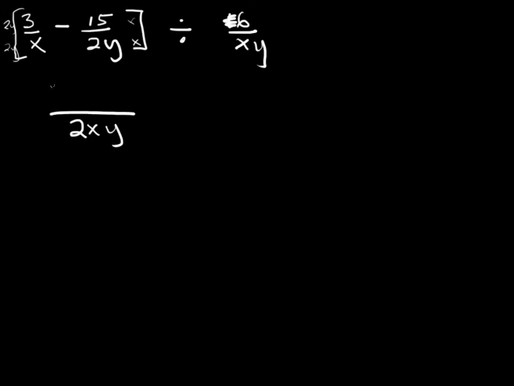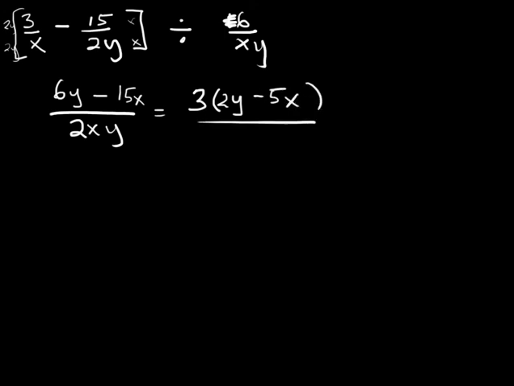So 3 times 2y is just 6y minus 15 times x is 15x. We can simplify this further by pulling out a 3. So if I pull out a 3, I get 2y minus 5x, okay, over 2xy.